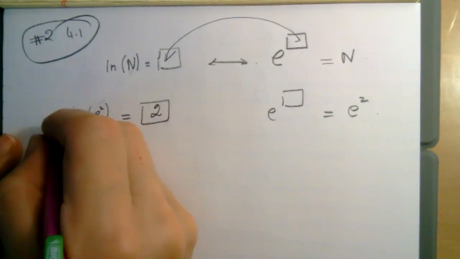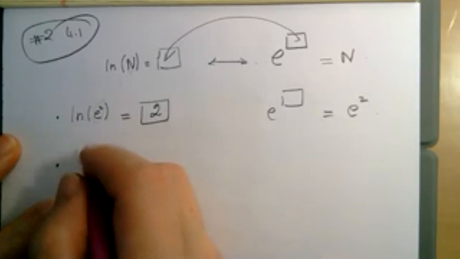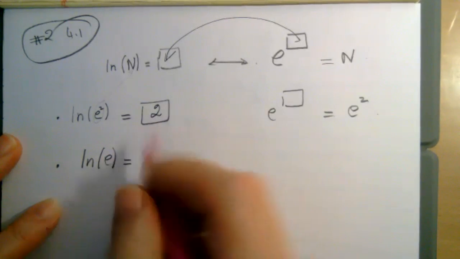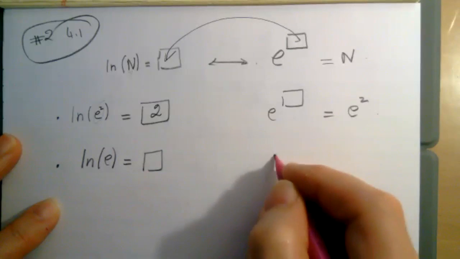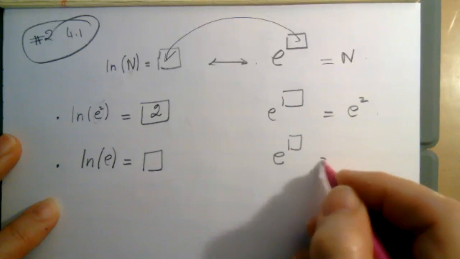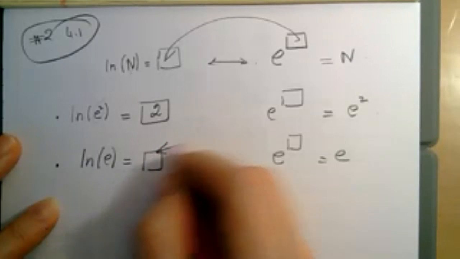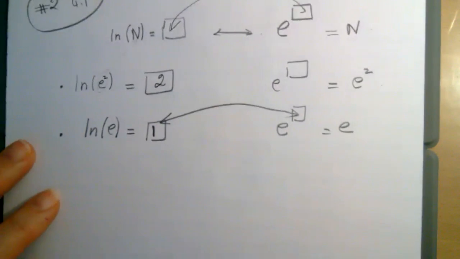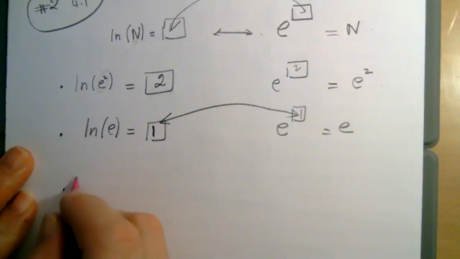Okay, now we keep along the same line. What is ln of e? Again, we keep the picture. e to the 1 equals e. That's 1. But that's the power.